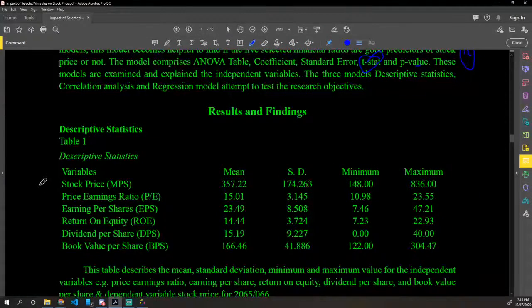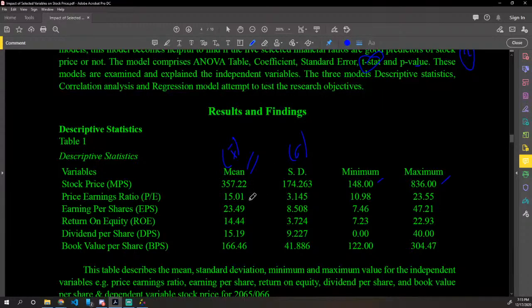Okay, result. What's the result? What was the mean, x bar? What was our standard deviation? 174.263. Mean was that, minimum was that, maximum was 836.